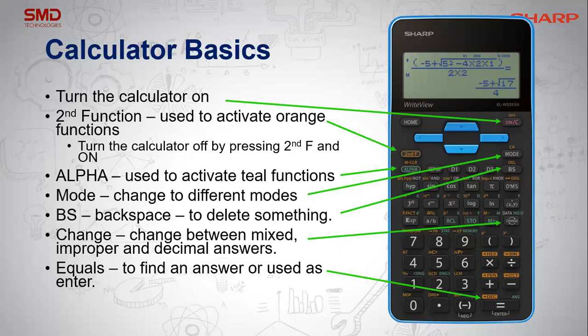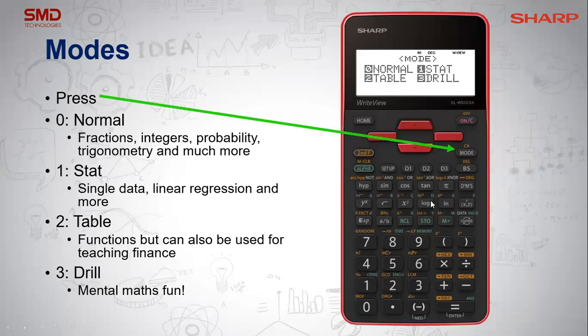Change will change the way your answer looks, so between fractions and decimal answers. And then, of course, your equals button is to find the answer. Okay, so from there we have 4 different modes: normal, stat, table, and drill. Normal does things like fractions, probability, trigonometry.